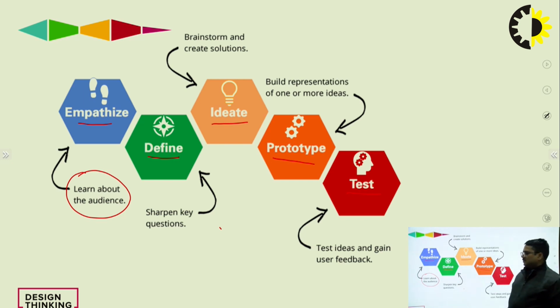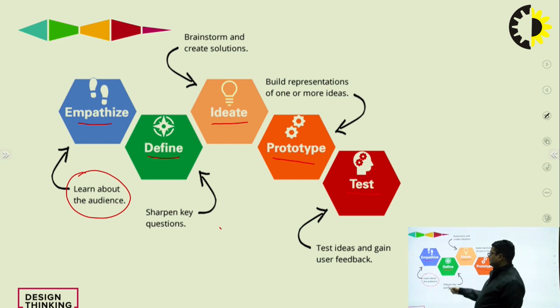So to understand the user completely, we practice this step of design thinking that is known as empathize. We practice empathy. We spend time along with the users, and we try to know more about them through various tools, like questionnaires, interviews, and other tools as well.